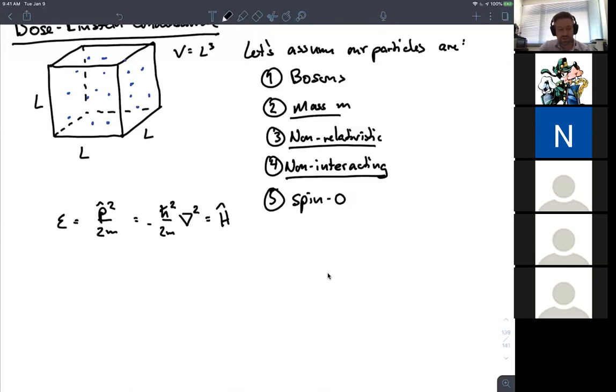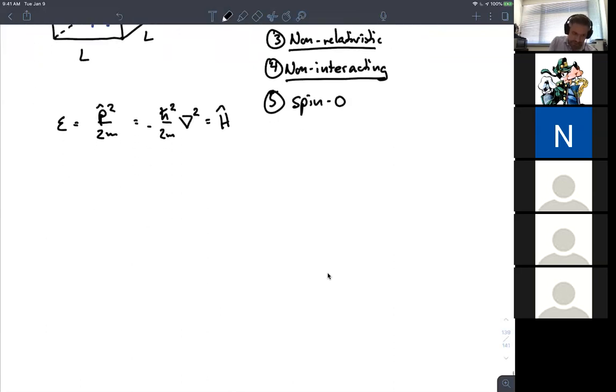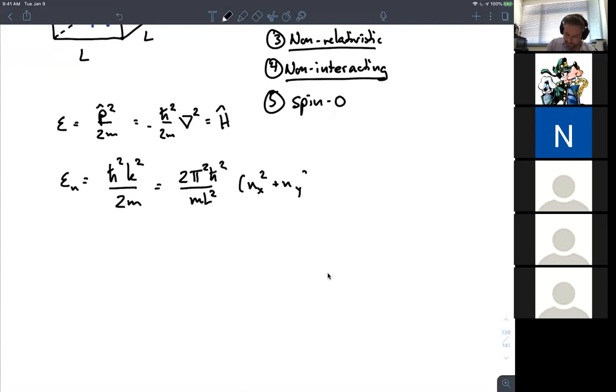Okay, so that makes solving the Schrodinger equation very easy. And what you get, again, as we talked about on Wednesday, is that the energy states wind up being equal to this: nx squared plus ny squared plus nz squared, where nx, ny, and nz are integers.